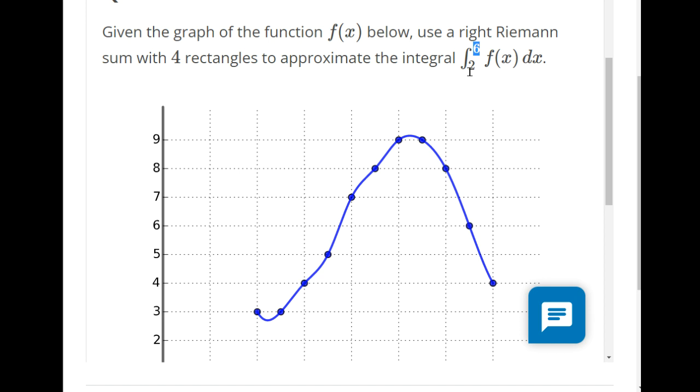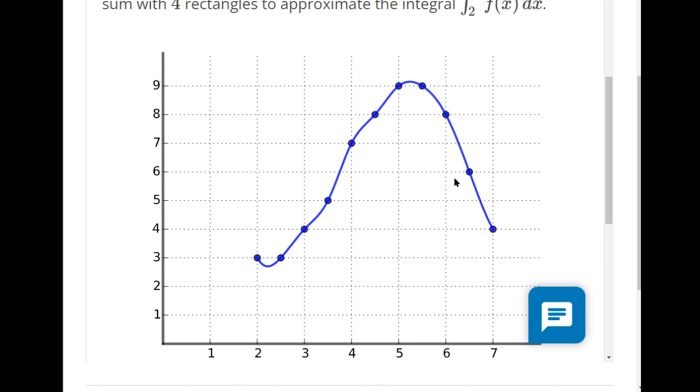Once you hit a sum of 4 things, you are done. So it's f of 6, which is 8, plus f of 5, which is 9, plus f of 4, which is 7, plus f of 3, which is 4.